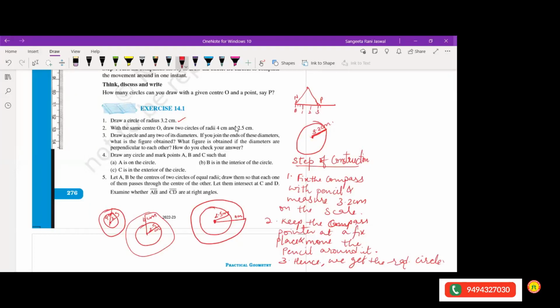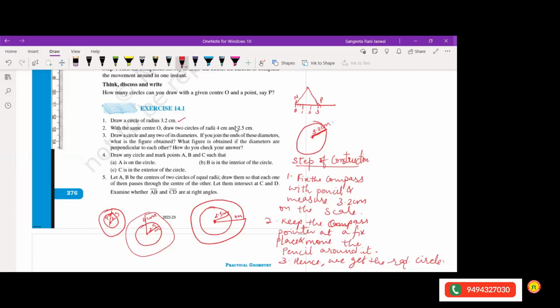See the first step. When we made the circle with radius 3.2 centimeters, we fixed the compass with pencil and measured 3.2 centimeter on the scale. In the same way for this figure, you need to measure 2.5 centimeter on the scale. Keep the compass pointer at a fixed place and move the pencil around it. Here you get the circle with radius 2.5 centimeter.